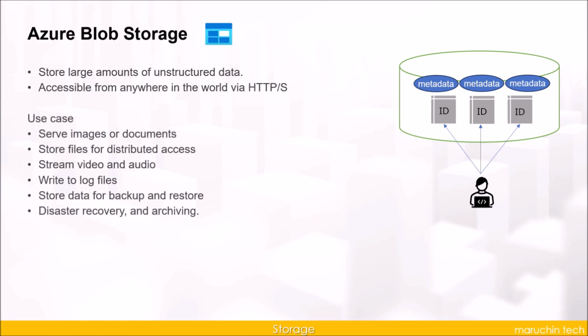Blob storage has many use cases. Common uses include serving images or documents directly to the browser, storing files for distributed access, streaming video and audio, writing to log files, storing data for backup and restore, and disaster recovery and archiving.